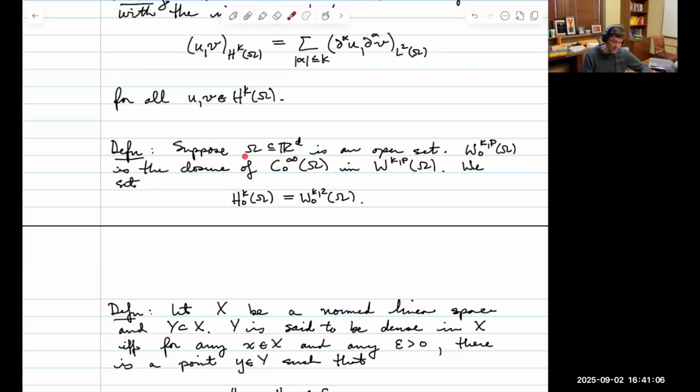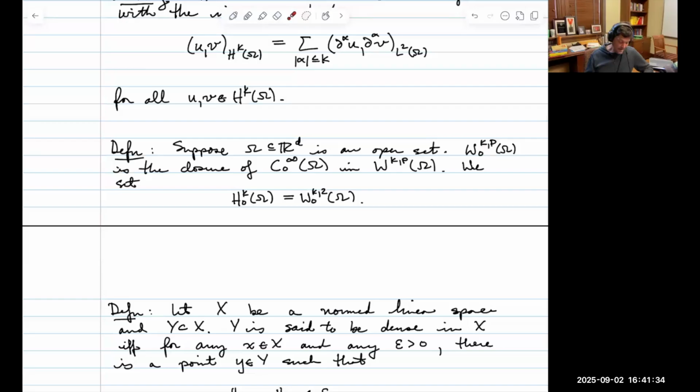Again, the usual case is that it's also going to be a bounded set, and another usual case is that it's going to have a fairly nice boundary. We'll talk about that in a minute, probably more in the next lecture, and a little bit today. Right now it's just an open set, but think open, bounded, with a fairly nice boundary as well.